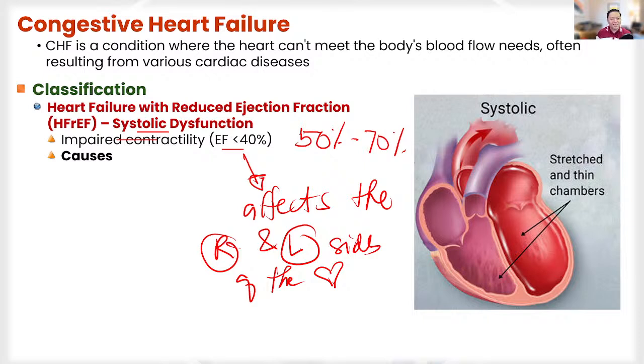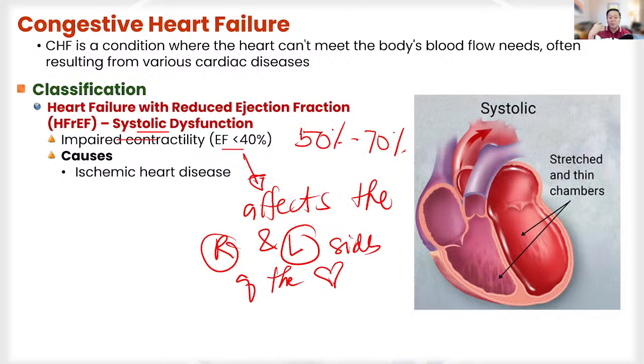All right, so what do you think would be the causes of HFrEF, also known as systolic dysfunction heart failure? There's a lot, guys, and one of those is ischemic heart disease. So in a case of, let's say, MI or angina pectoris, eventually, with the progression of the disorder, it can lead to ischemia of the myocardium.